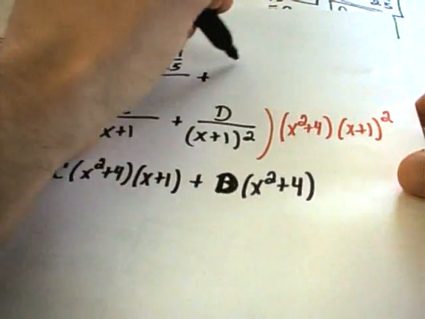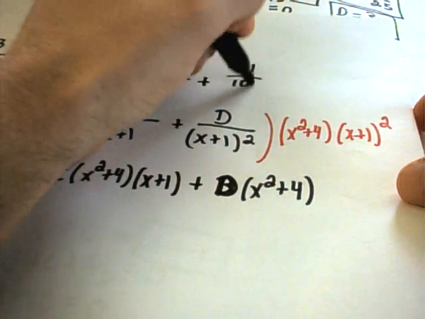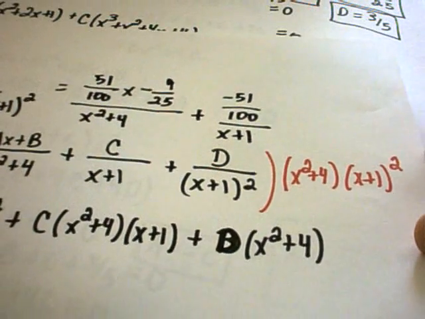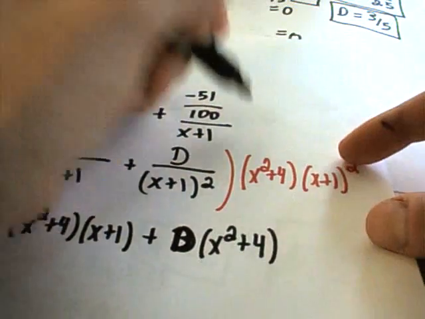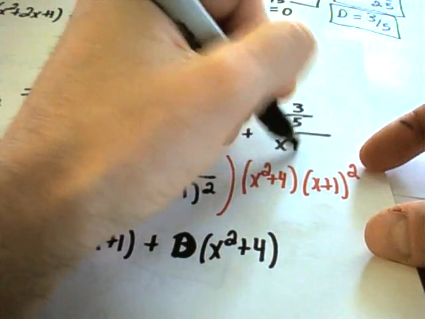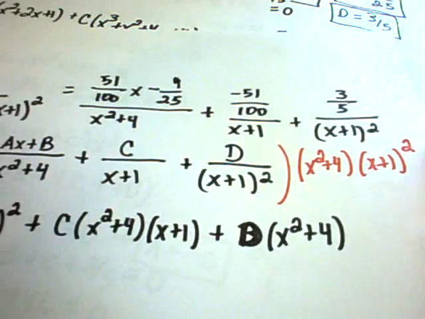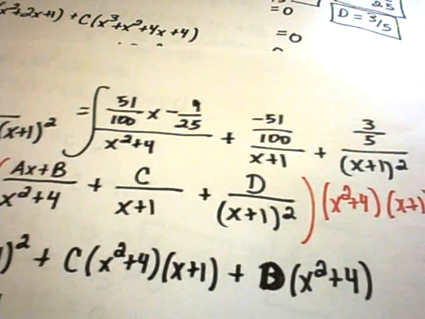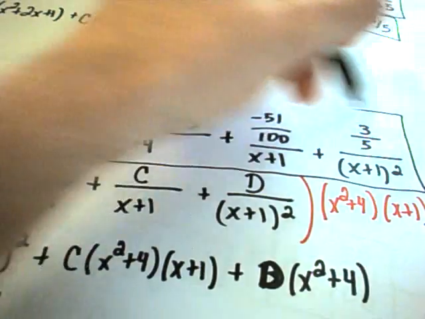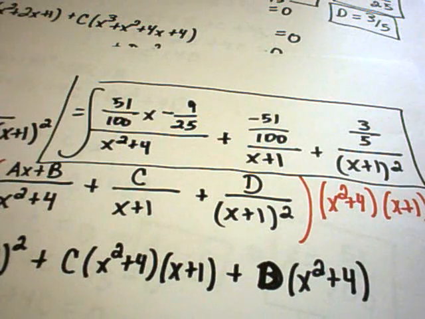C again was negative 51 over 100 times x plus 1. And then we figured out our d value to be 3/5. So 3/5 x plus 1 quantity squared. And this is now what we'd be integrating instead, all of this stuff on the top right. Whew. Okay, so pretty long, miserable problem, as you can see.